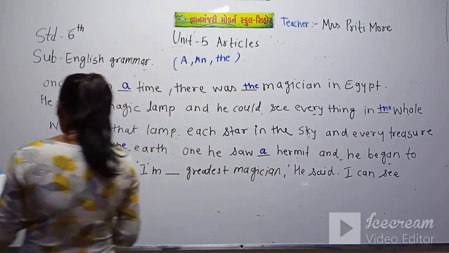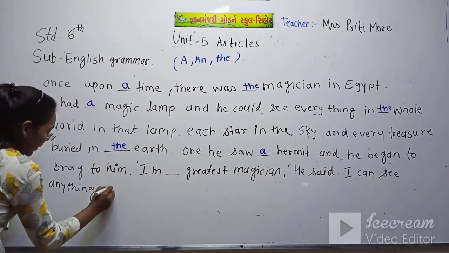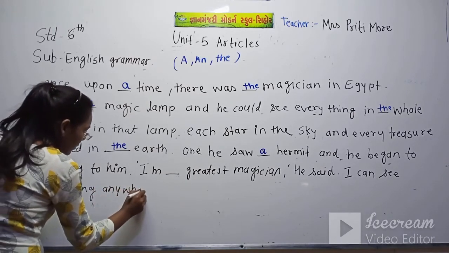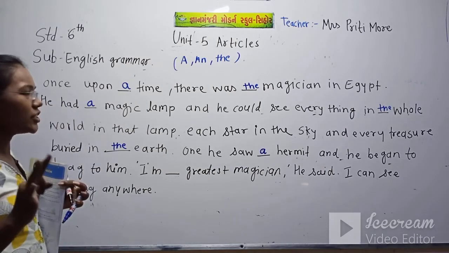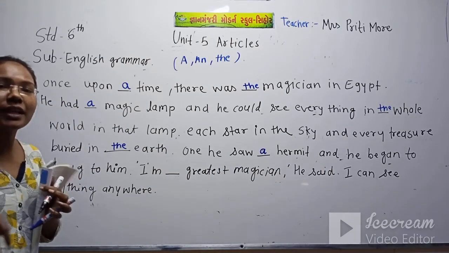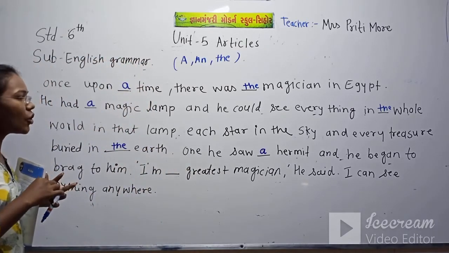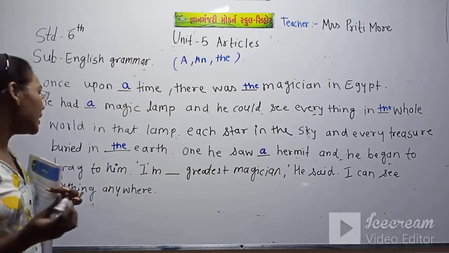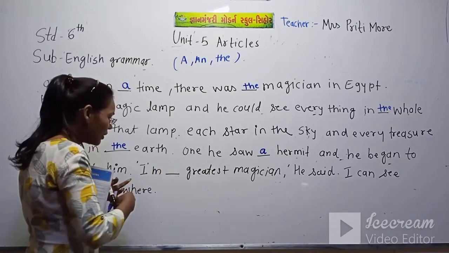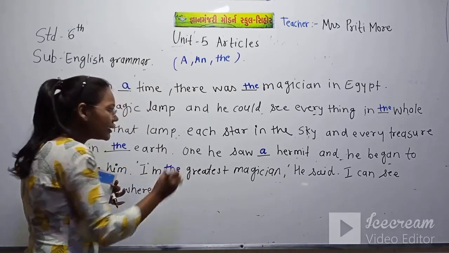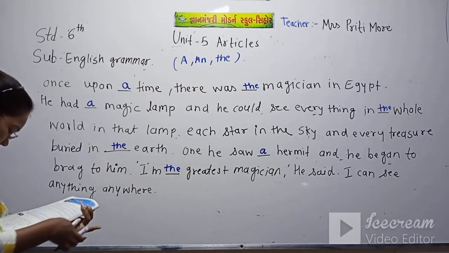So there was one magician and he had the lamp, and in that lamp he can see the whole world. Then once he saw a hermit, and he began to brag to the hermit that I am the greatest magician. I can see anything, anywhere.